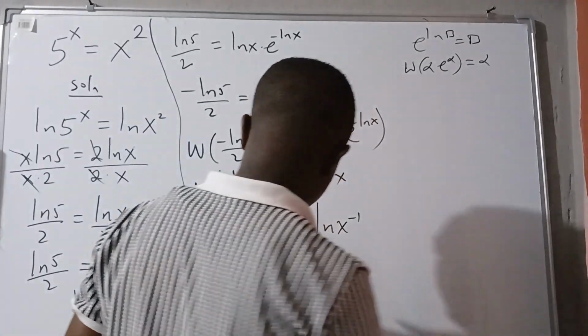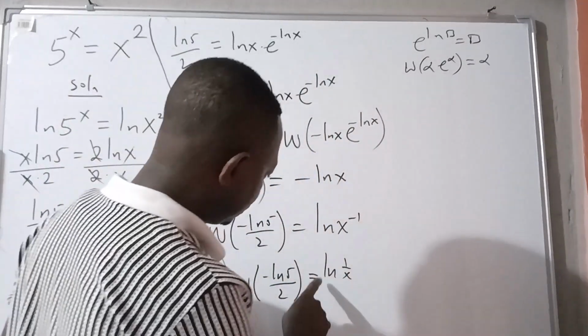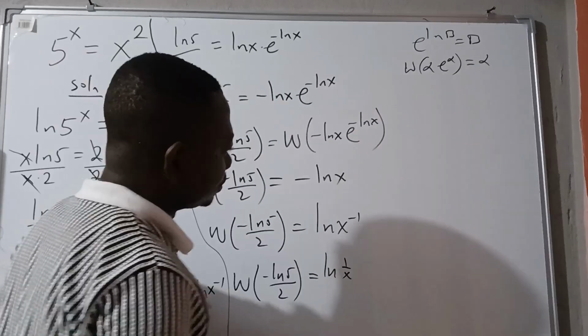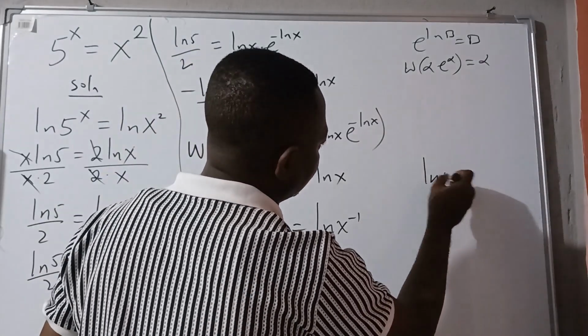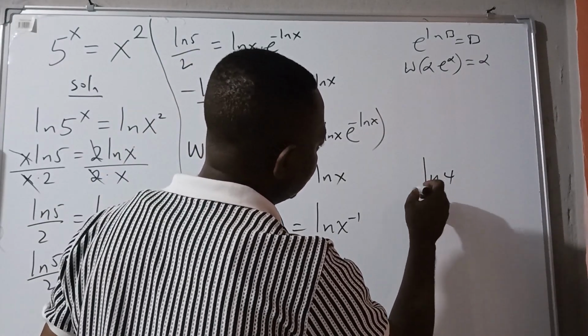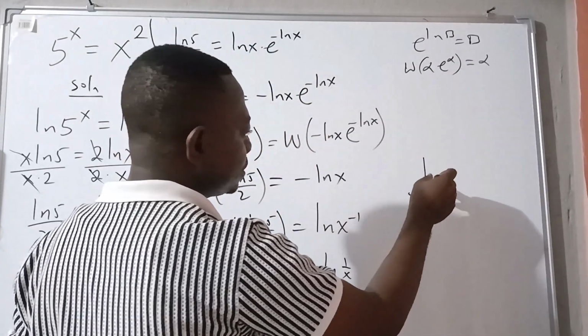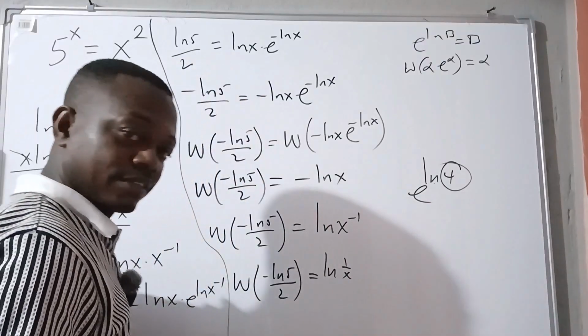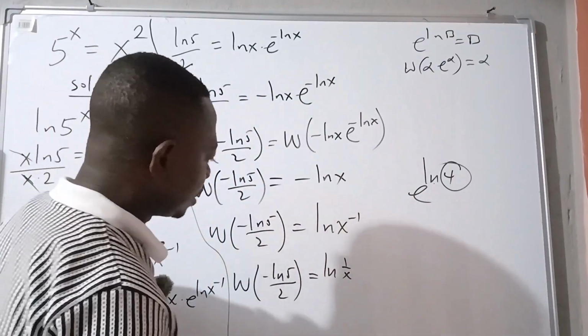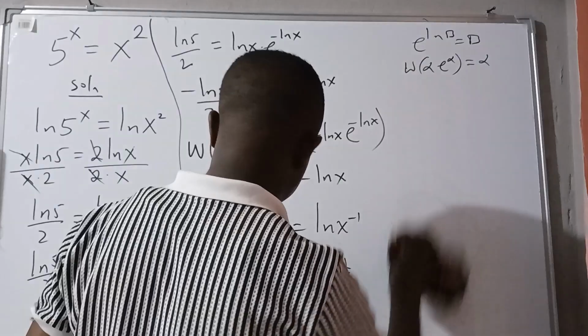So what I will do here is get rid of this. To get rid of ln, you have to raise this side with e, because e raised to ln gets this back. So I'll raise both sides with e.